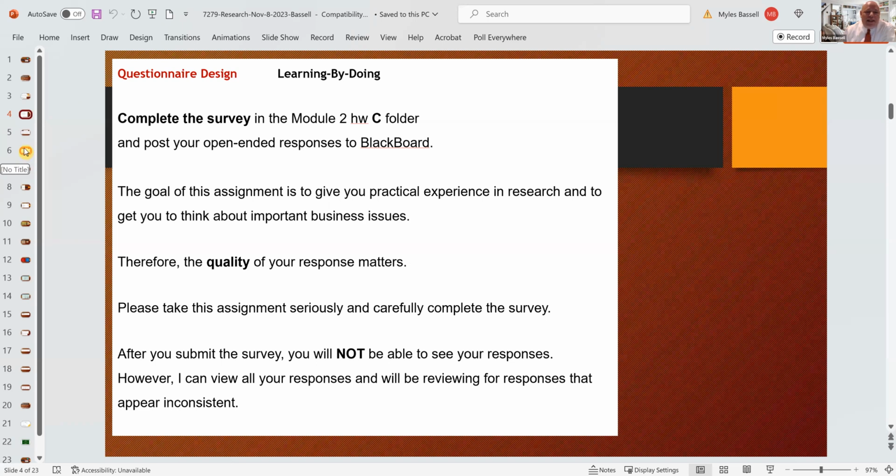One of the things that starts off the questionnaire is an informed consent, which when research is conducted, you have to tell the participants what to expect. And what is the extent of their participation?